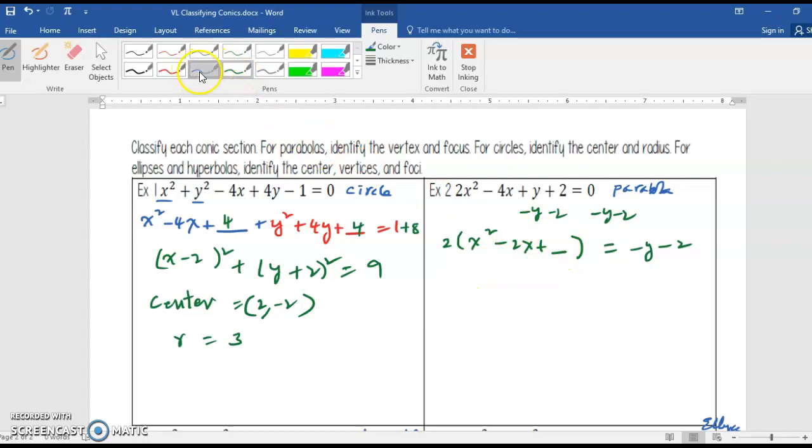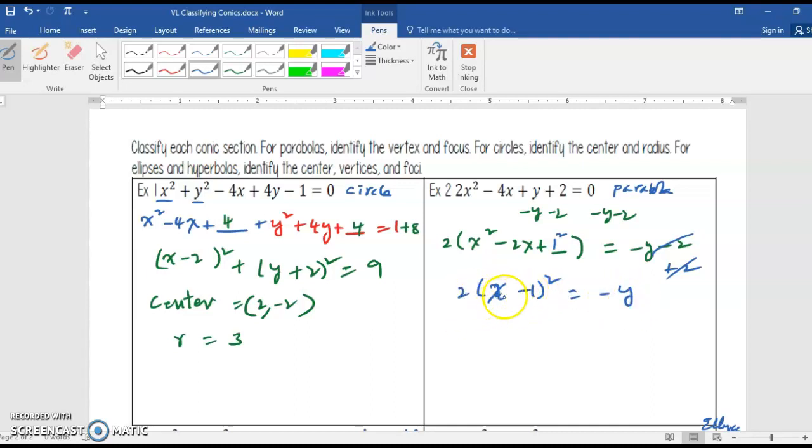Correct? So in this blank you will have half of 2 squared, which is 1 squared, but 1 times the boss is 2, so we are actually adding 2 here. So this will cancel off. So here you have 2 times x minus 1 squared equals negative y.